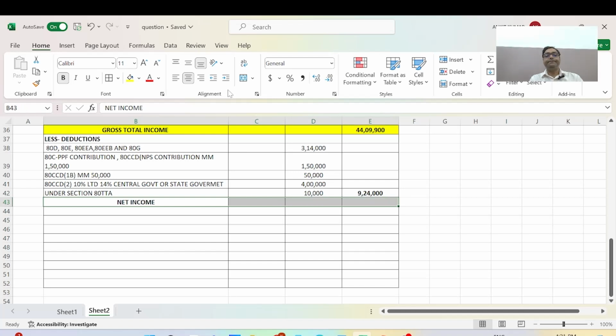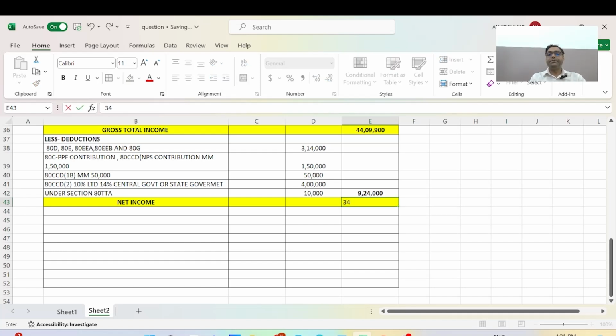We will calculate here: 44 lakh 9,900 minus 9 lakh 24,000 is 34 lakh 85,900.